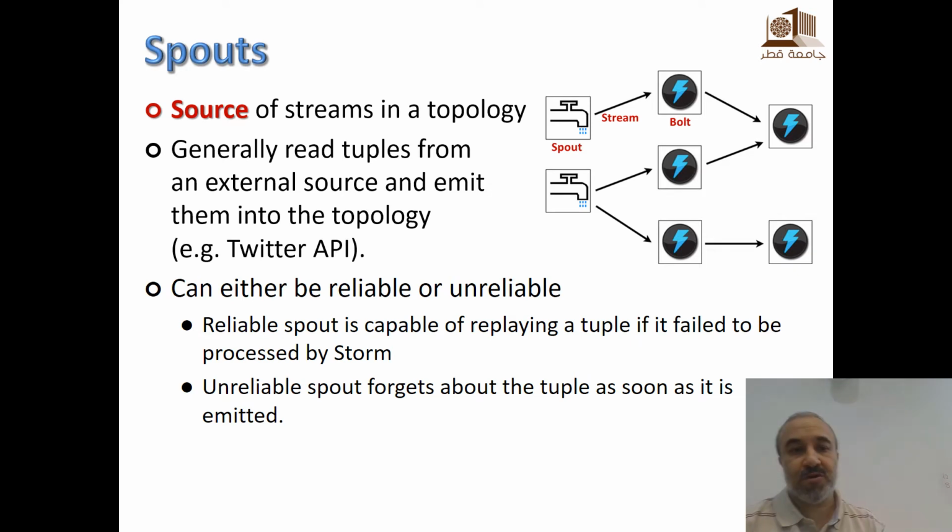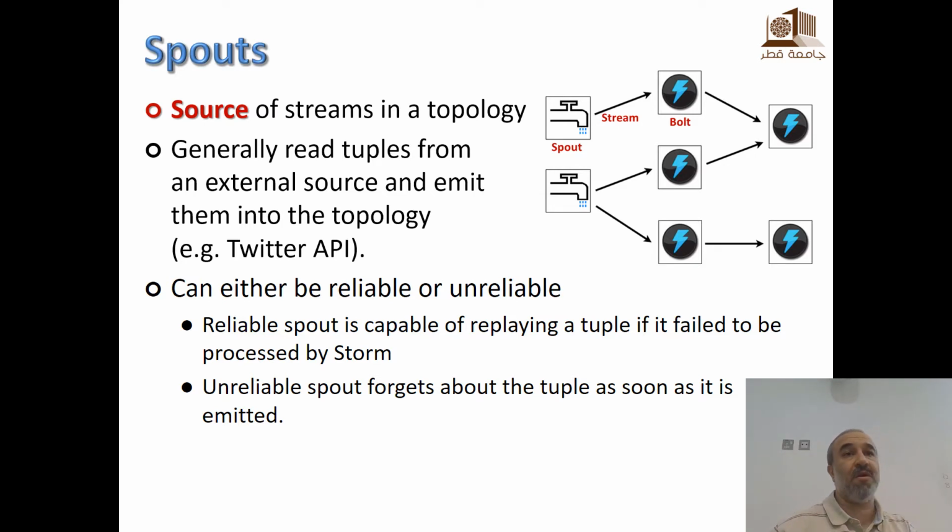Now, the spouts or the source can either be reliable or unreliable. Reliable here means that if the tuple was not processed to the end of the topology, for some reason, maybe some nodes failed or some operations failed, then we can replay that tuple from the original source.